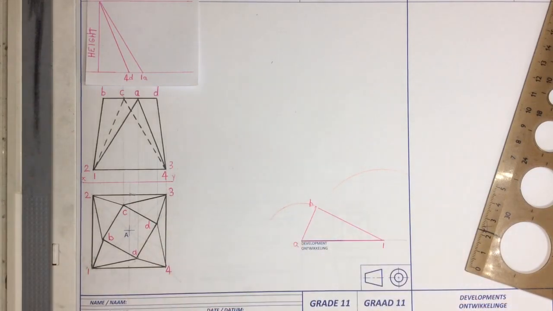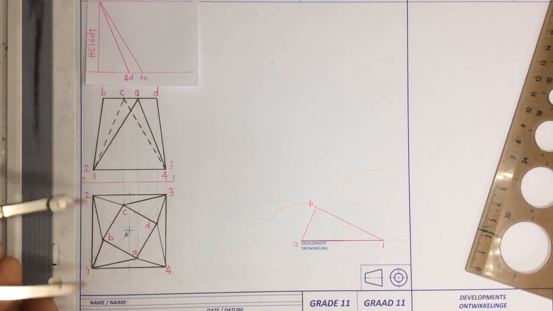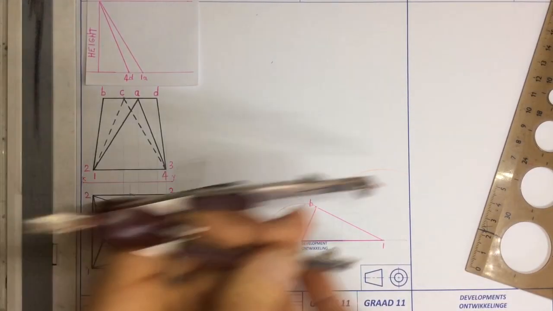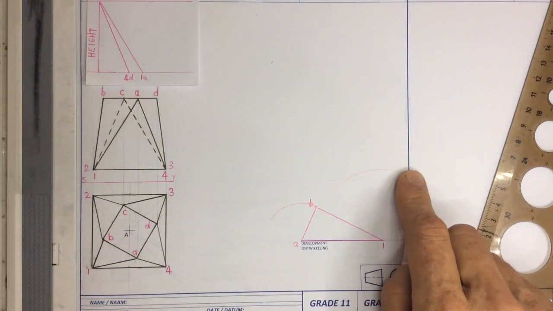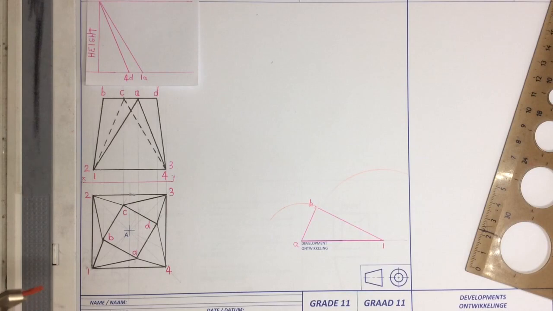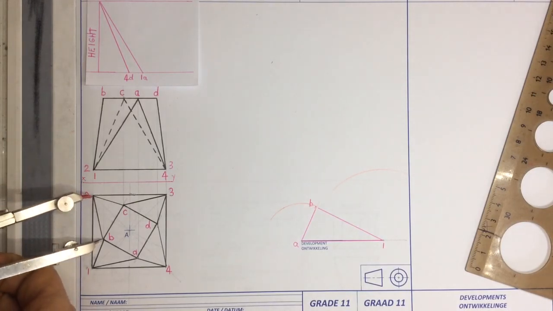Right. Now that I've got B, can I find 2? I originally got that true length distance from 1 to 2 over here. And I popped that in over there. You can see my arc. Somewhere along that arc, I'm going to have 2. Do I have a true length distance from B to 2? No, I don't.